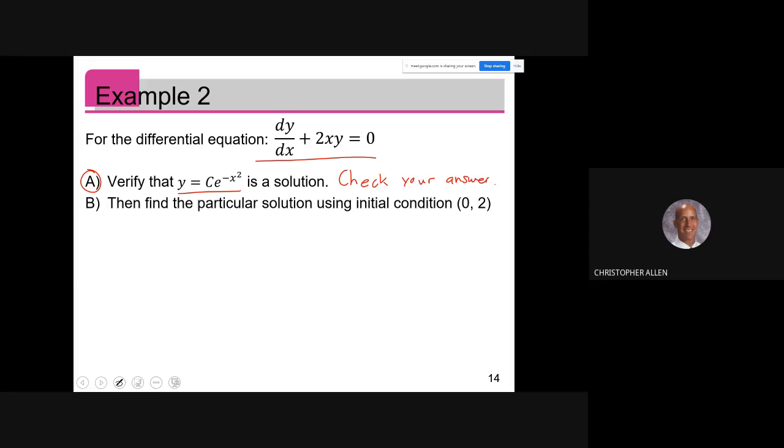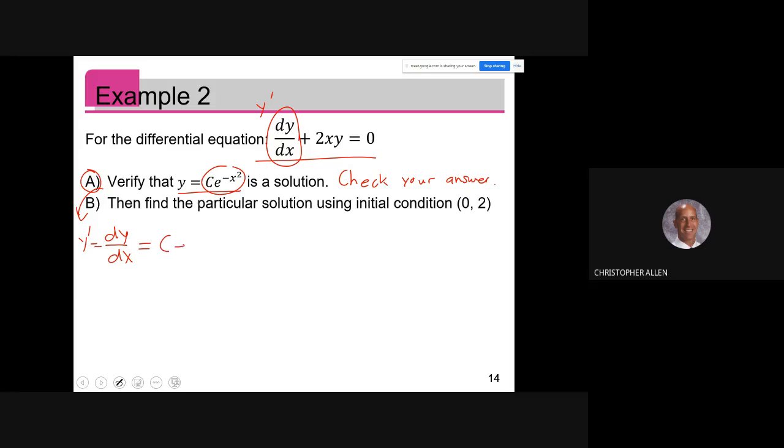By the way, I would like to note that this dy over dx is the same thing as y prime. So in this example, dy dx, which is the same thing as y prime, we have to use the chain rule for this derivative.